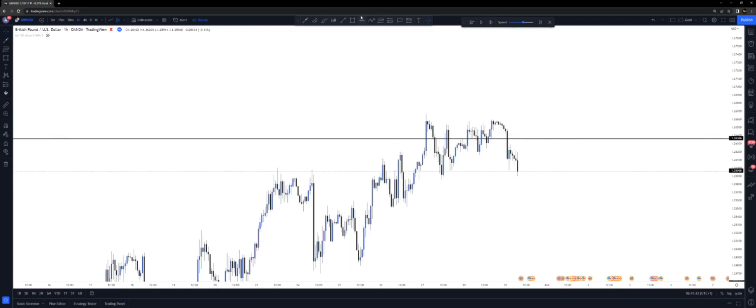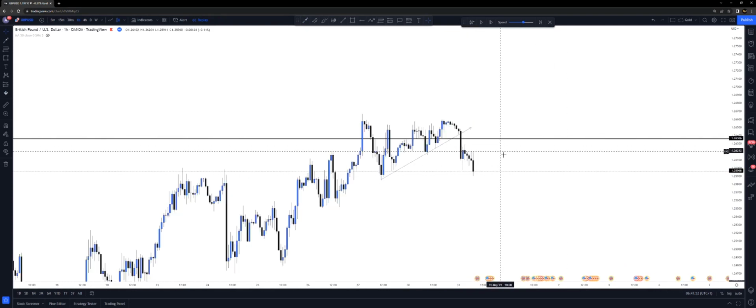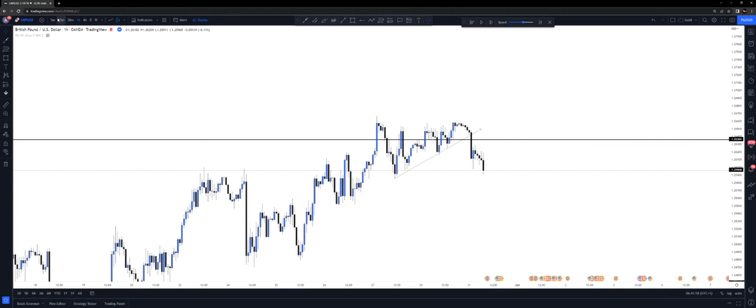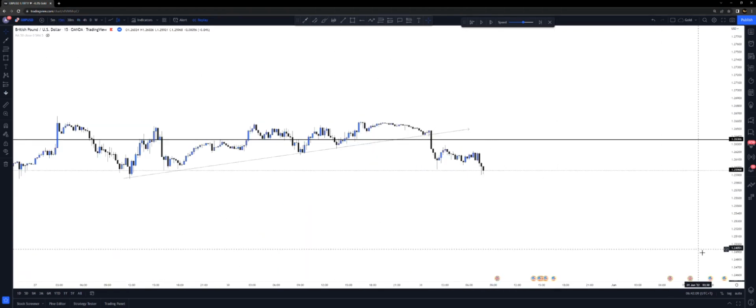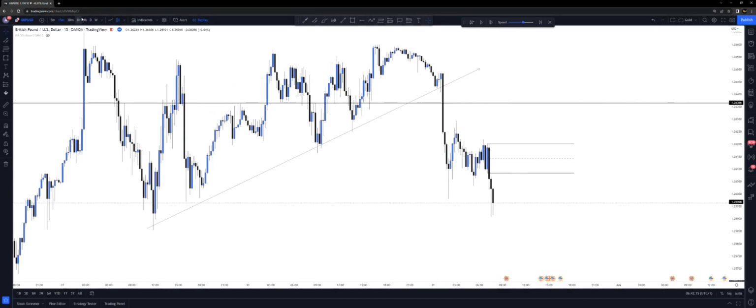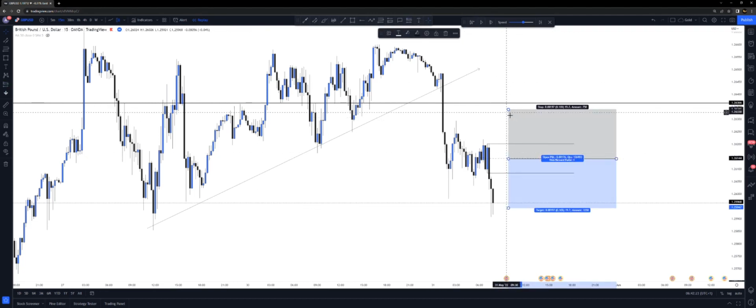So now seeing this more clearly right here from this level. Perfect move. There was an indecision candlestick right here. Slow level. Indecision candlestick, so please mark the 50%.